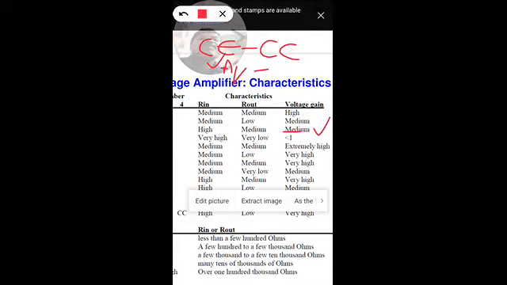So CE is used in the first stage and CC in the second stage. We have a medium input impedance, the output impedance of CC is low, and the voltage gain is the gain provided by the CE stage.